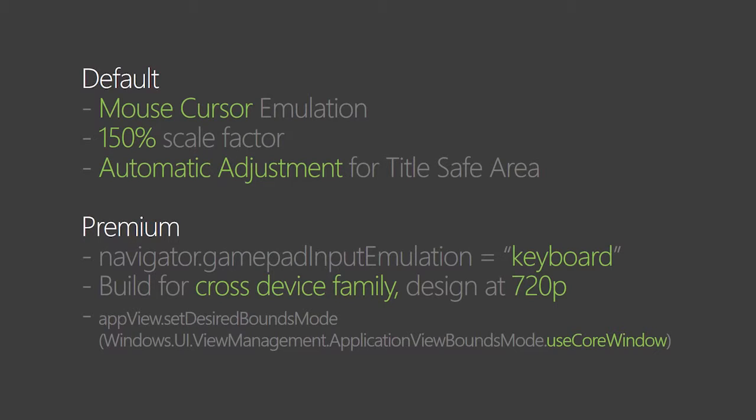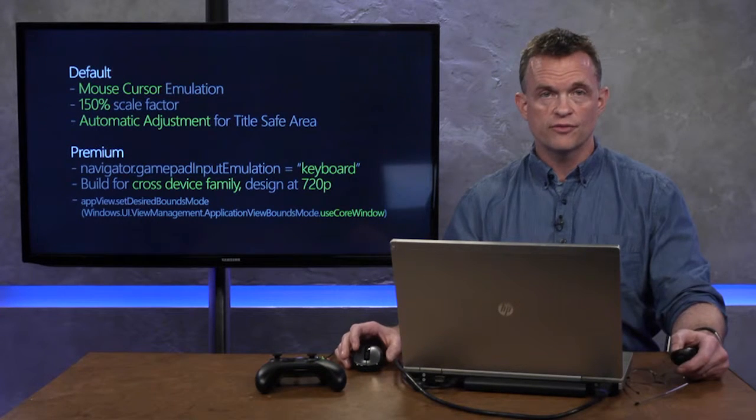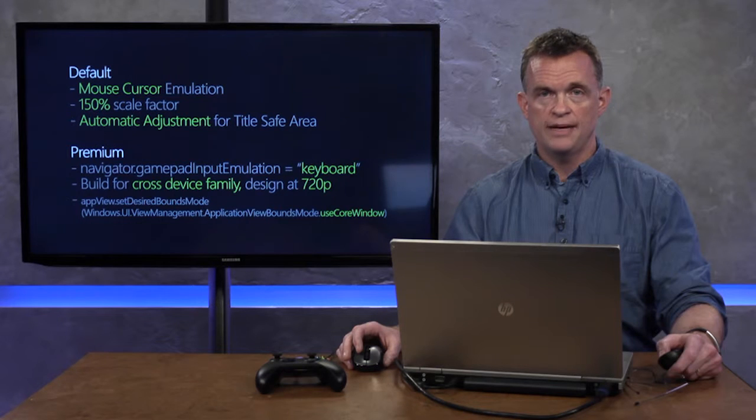For the premium experience, the APIs, the Navigator is a top-level object within the object model, just like with Window on the web app programming model. So just like you can get to the Windows runtime directly from your JavaScript app, regardless of which framework you're using, you can also get to the Navigator to enable the keyboard emulation mode for Xbox One.